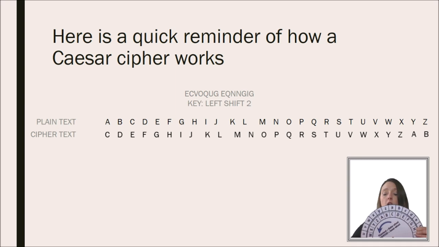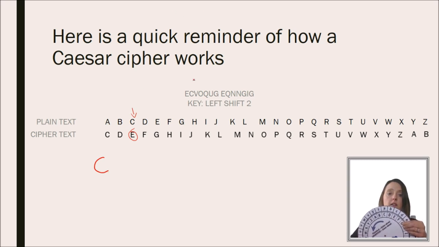So, on the one on the screen, if we look at E, so E is our first one, we find E along the bottom row, we found it there, and it has become C. In the same way as if we find E here, it has also become C. Okay, giving us a C as our first letter.